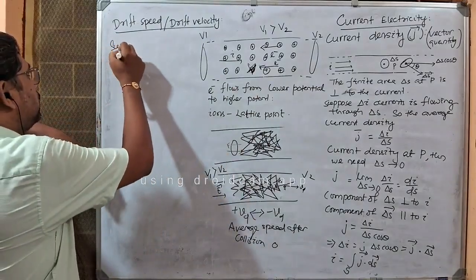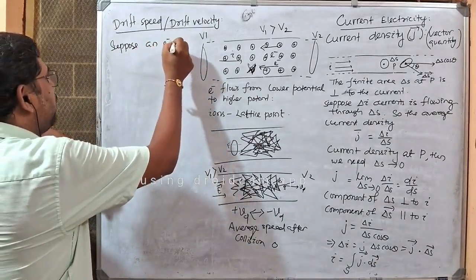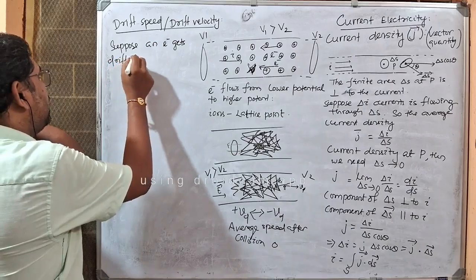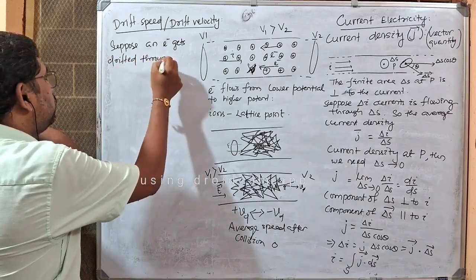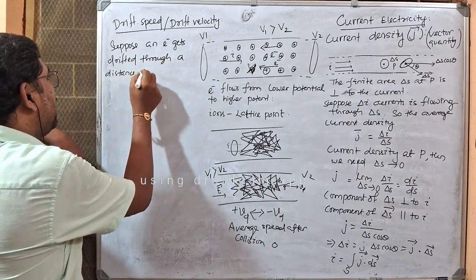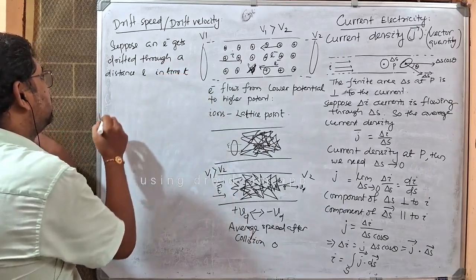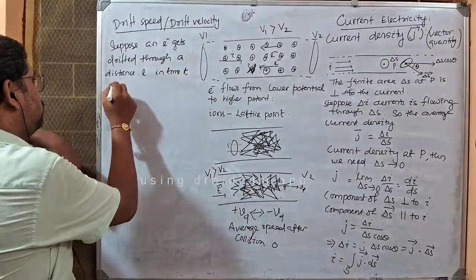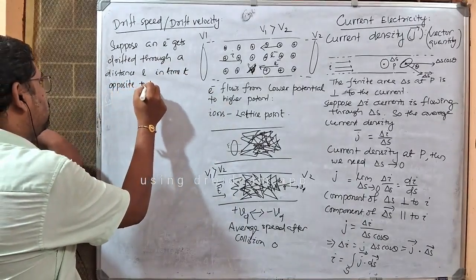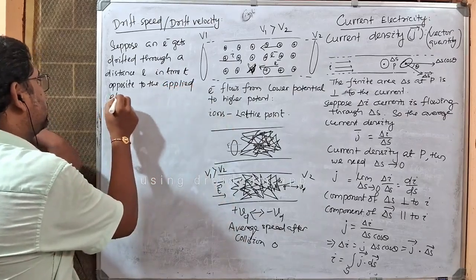Suppose an electron gets drifted through a distance L in time t, opposite to the applied electric field.